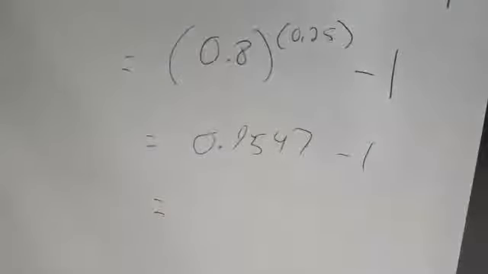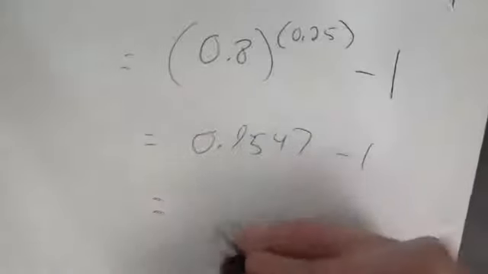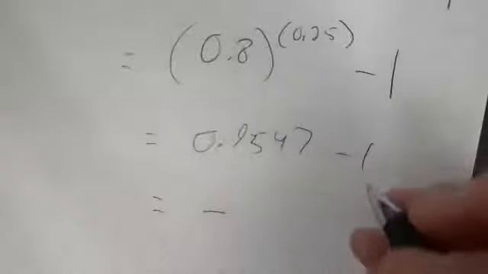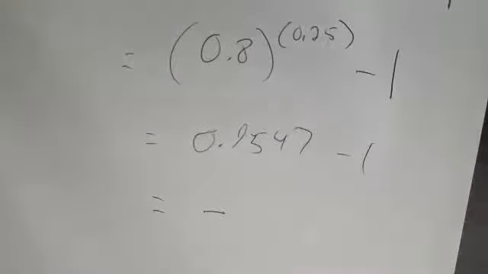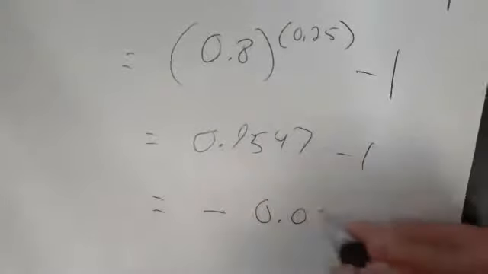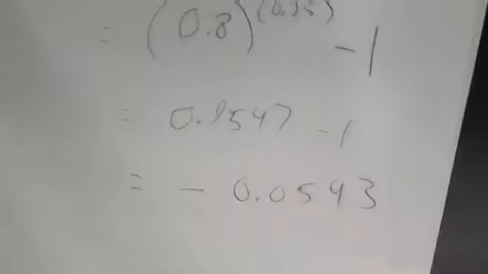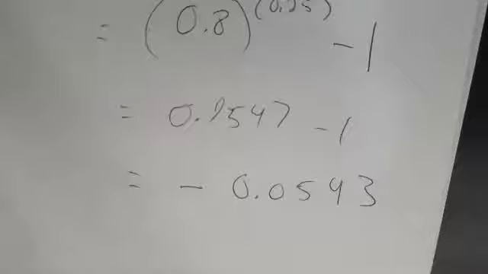If I subtract 1, you might notice this is going to be a negative number, somewhere around negative 0.0453. And so that is my annual return. The other thing I have to do is convert this to a percentage. I move it 2 decimal places, so negative 4.53% is where I should be about.